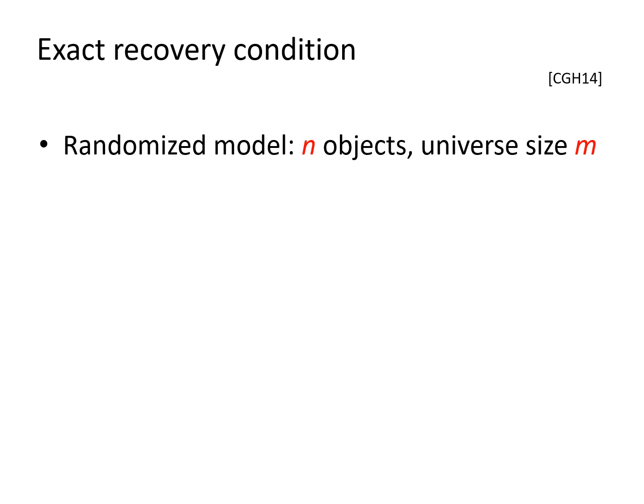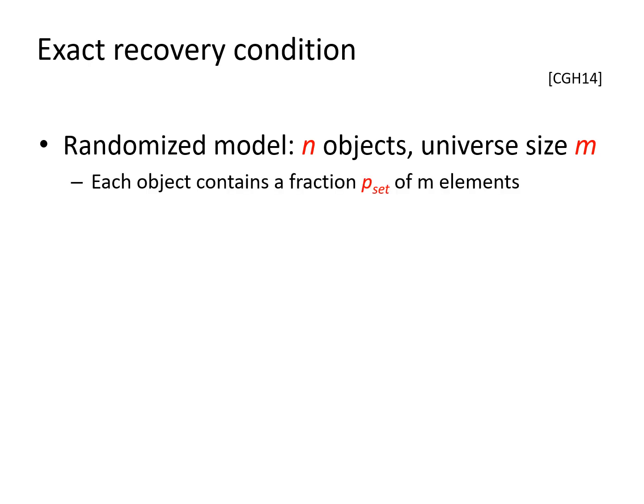Under a modified random model, we have n objects and the universe size is m. Each object contains a fraction p_set of the m elements, meaning the expected size of an object is p_set times m. p_set is of course smaller than 1.